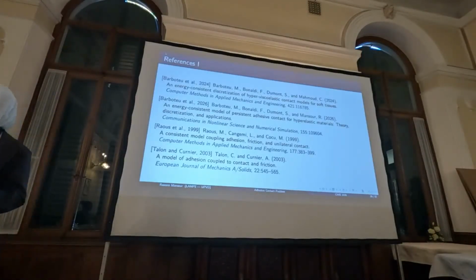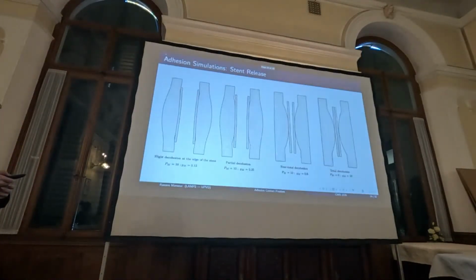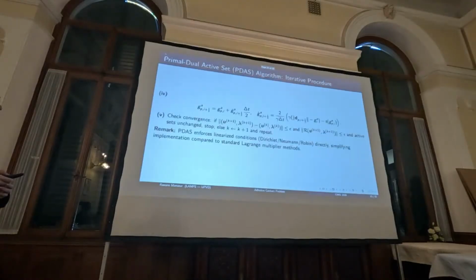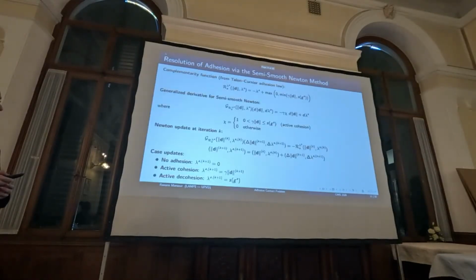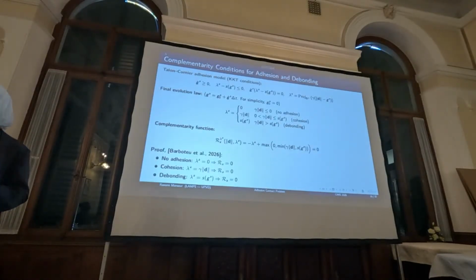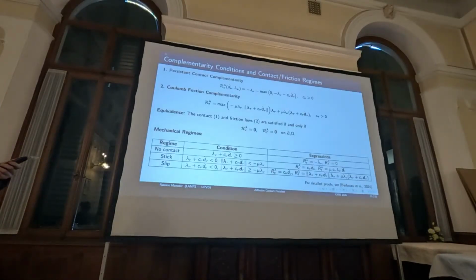Congratulations for the talk. I was wondering, when you are choosing the nonlinear complementarity functions, when you are defining the tribological strategy, can you please comment on why you chose those two functions? I think it was in the previous slide. Here? Those functions for the normal contact condition and the contact condition. Were you already familiar with those ones? Why did you choose those in particular? We have contact, friction, and adhesion.